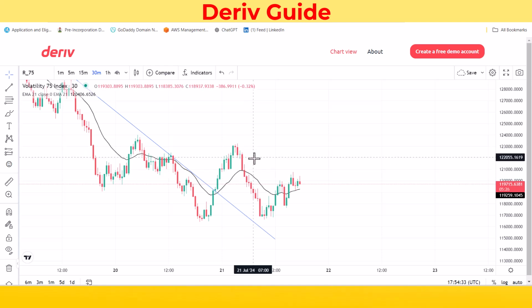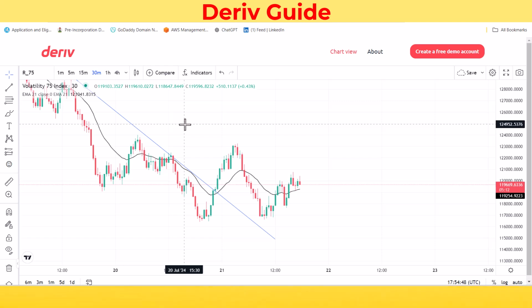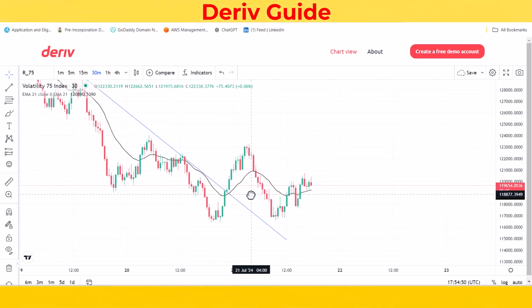So you would notice that each time it crossed, it went clearly in the direction of the crossing, except for points like this when it ranged. Okay, now there's a place that I consider a point for my entry. I had a trade here that was very good, very, very good.